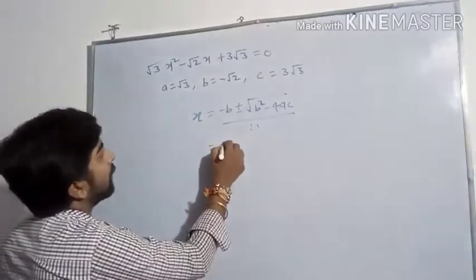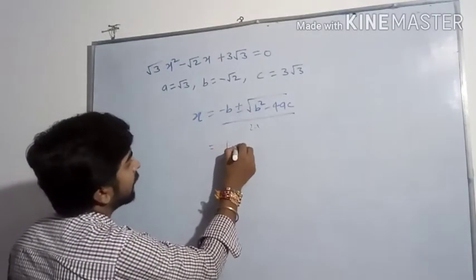B equals minus under root 2, so here we will put minus of minus under root 2.